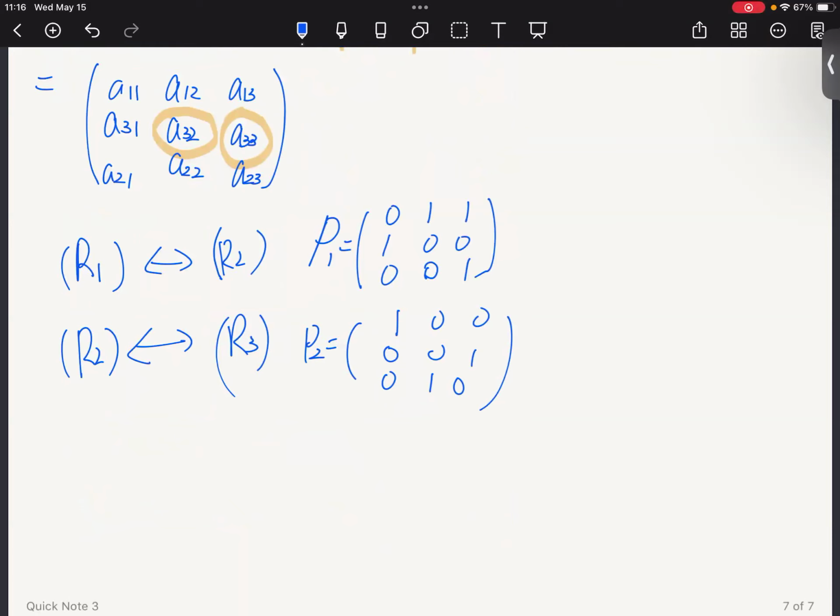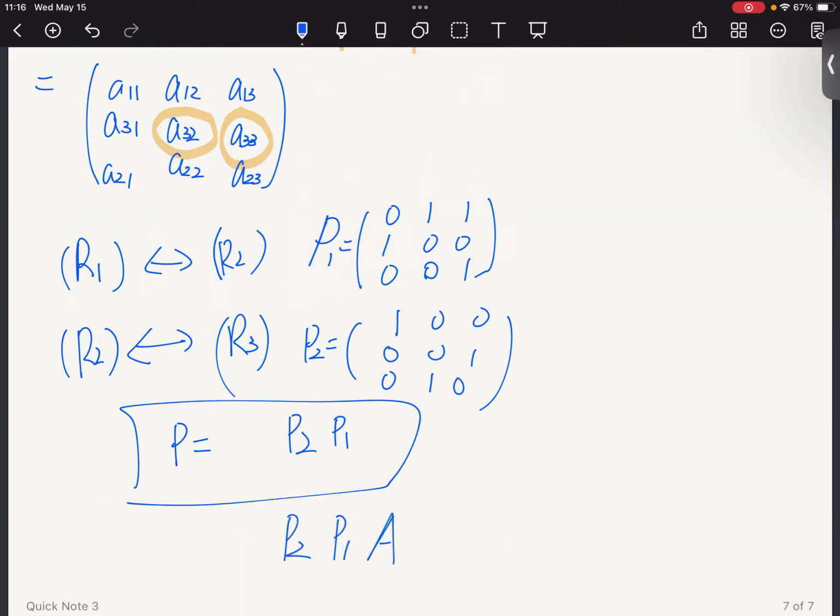So at the end of the day, your big permutation matrix P should be P1 times P2. This means you are applying the permutations one by one to the matrix. You do the row 1, row 2 permutation first, and then apply the row 2, row 3 permutation to the result matrix.